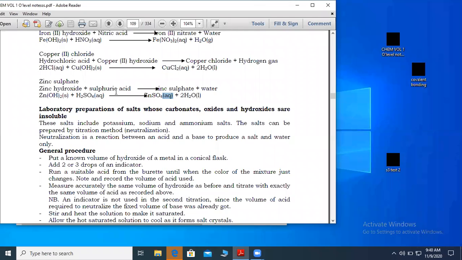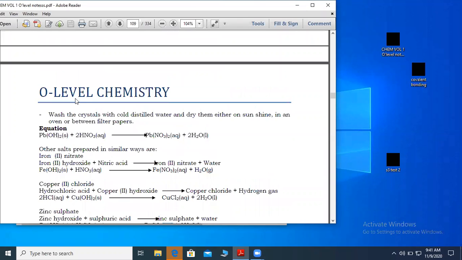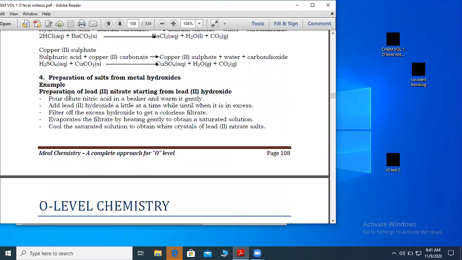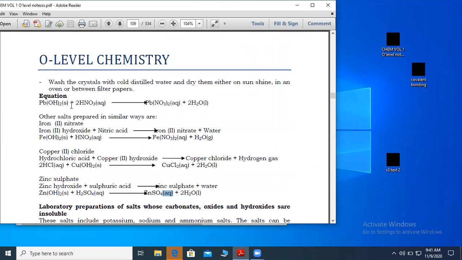For example, when I'm forming zinc sulfate, I have zinc hydroxide, which is insoluble in water, plus sulfuric acid. Sulfuric acid is dilute. Remember, in our methods we say add dilute. So when you use dilute sulfuric acid, it means it was dissolved in water, so its state is also aqueous.